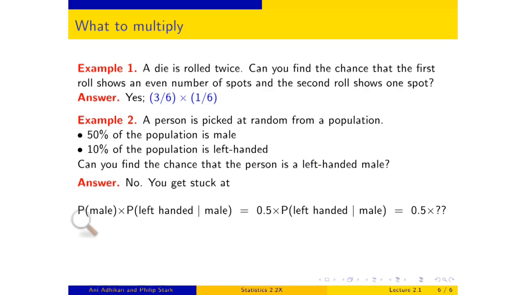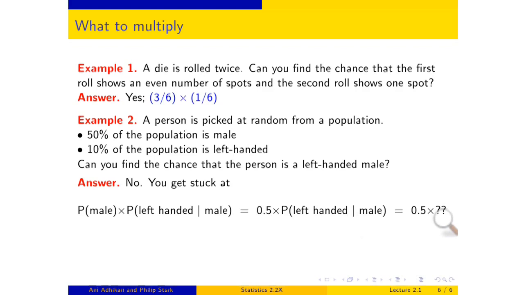Because you want to take the chance that the person is male times the conditional chance that they are left-handed given that they are male. In other words, the proportion of men times the proportion of left-handers among the men. That number you don't have. And there you are stuck.